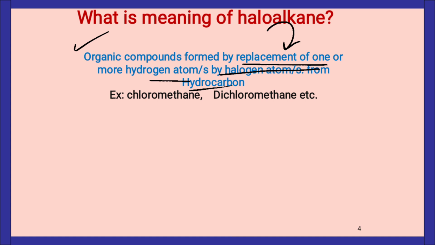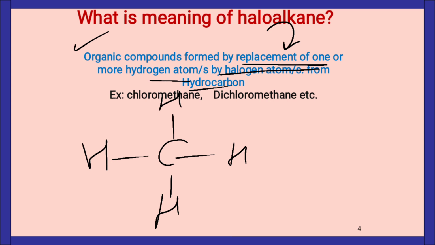If I show you the structure of chloromethane, methane is simply CH4. This would be the structure of methane, right? But if I draw it as an open structure, it would be somewhat like this. Hope you can clearly see my screen.